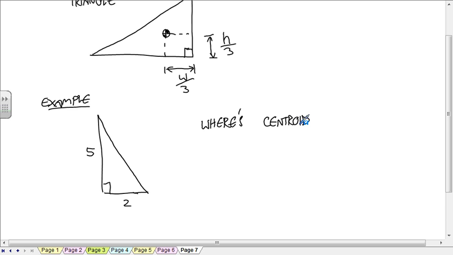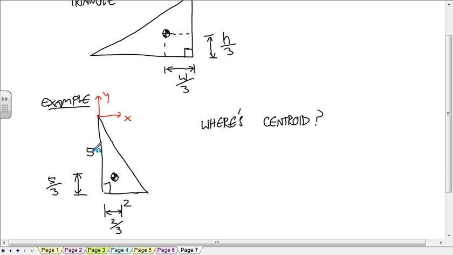And let's put the coordinate system up here. Well, we know that it's going to be a third of the way up towards the point and a third of the way over towards this point. So it's going to be right over here. This distance is going to be 5/3. This distance is going to be 2/3.